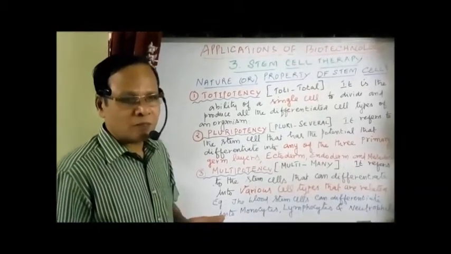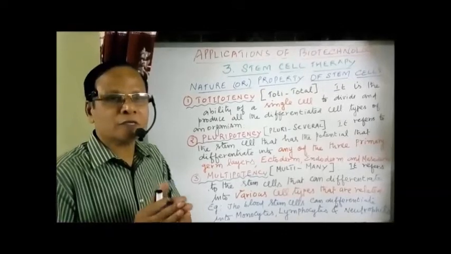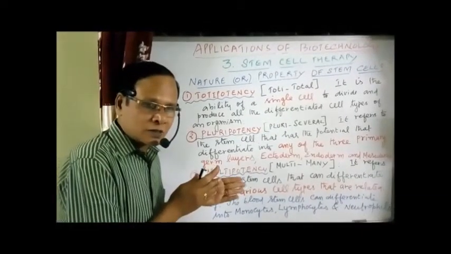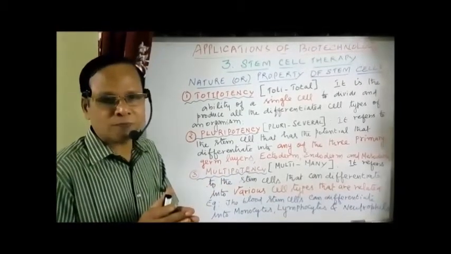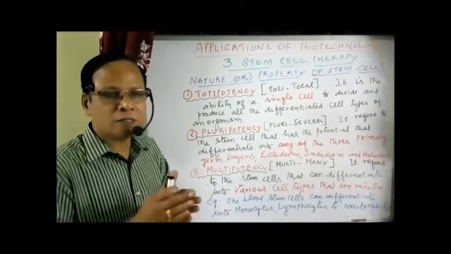Multi means many. From any one of these germ layers, we have formed different types of cells. So it refers to the stem cell that differentiates into various types, and those various types of cells are interrelated.